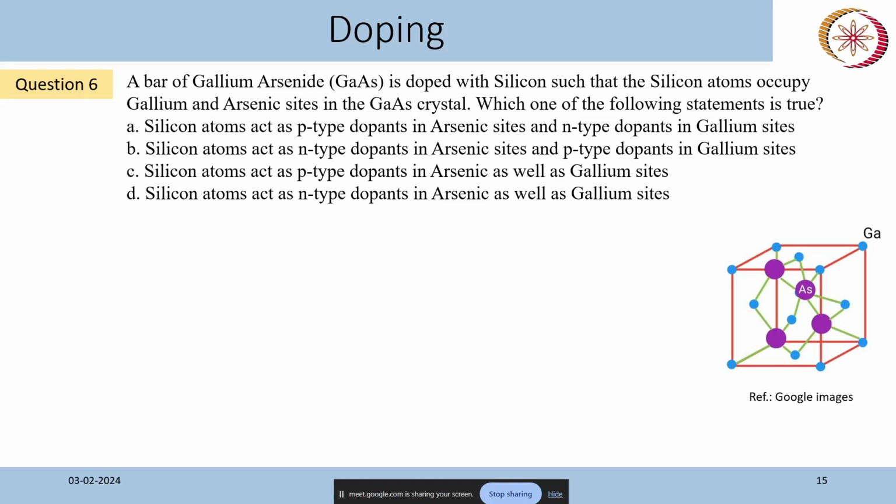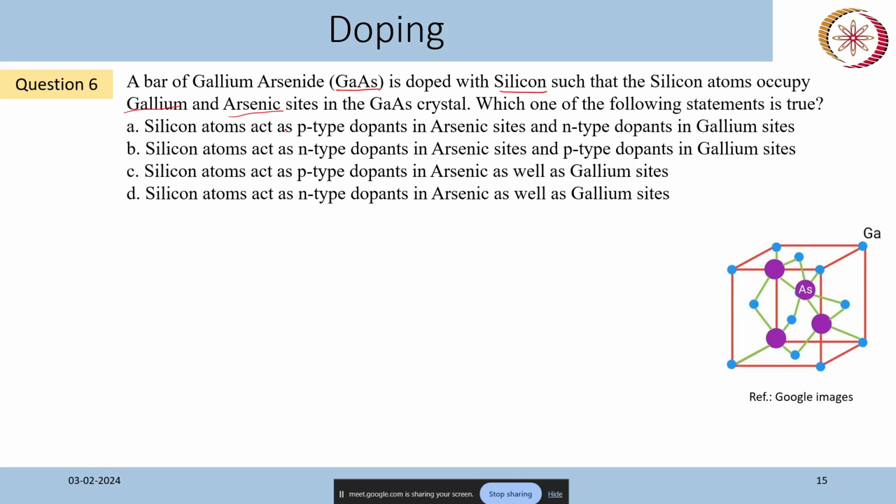This is again on doping. A bar of gallium arsenide, so the material is gallium arsenide, is doped with silicon such that silicon atoms occupy gallium and arsenic sites. Which one of the following statements is true?